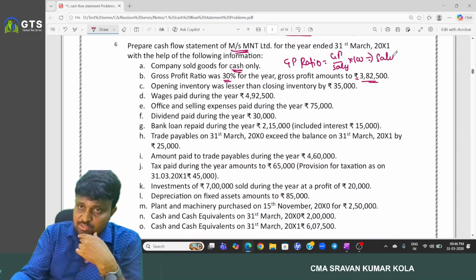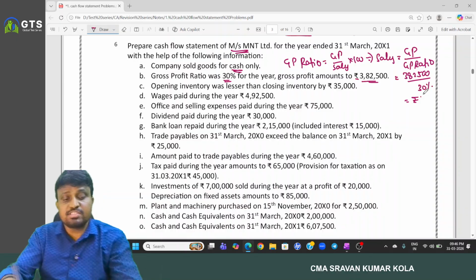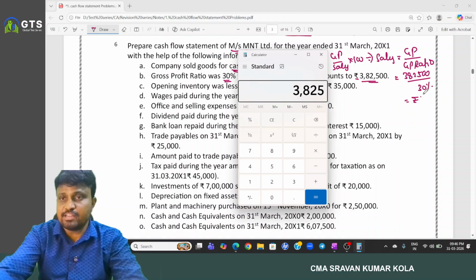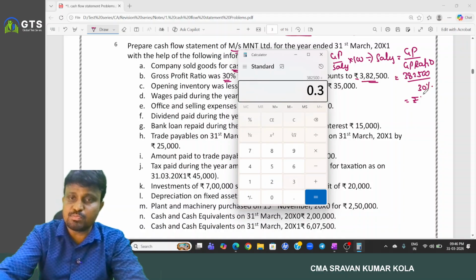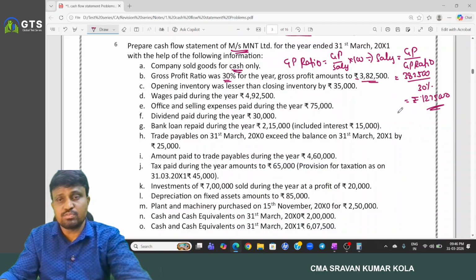Then sales equals gross profit by GP ratio, nothing but 3,82,500 by 30%, that is 0.3, which is 12 lakh 75,000.